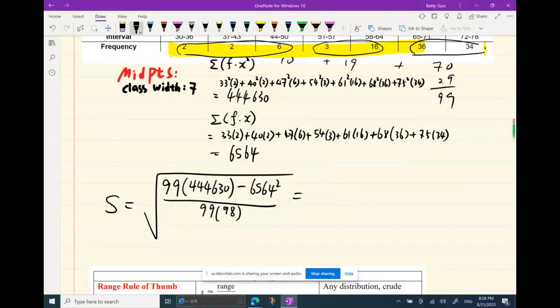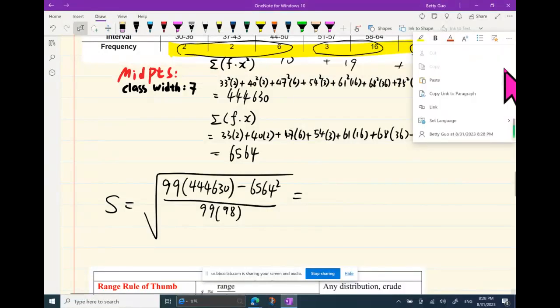Then divided by 99 times 98. And then I'm going to raise to the power of half. I get 9.80259 something. So if we keep one decimal place, we have 9.8.